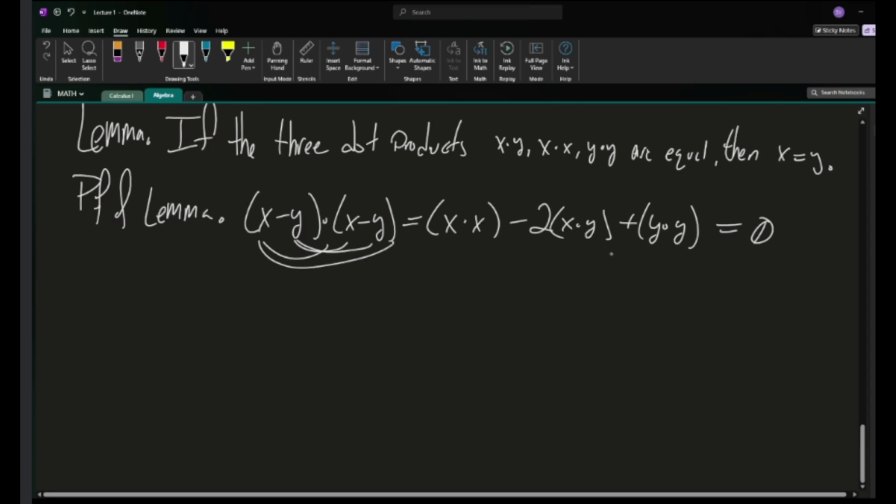The only way that this is true is if x minus y is equal to 0, which implies x equals y.